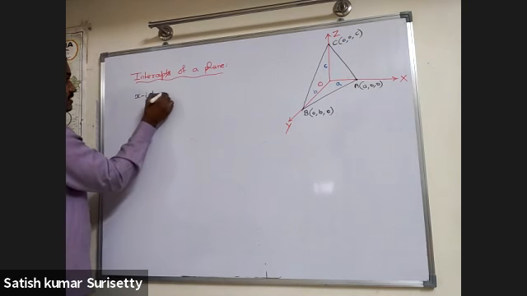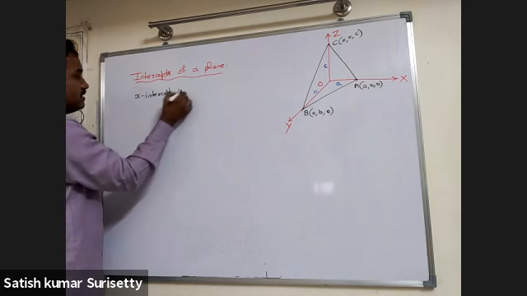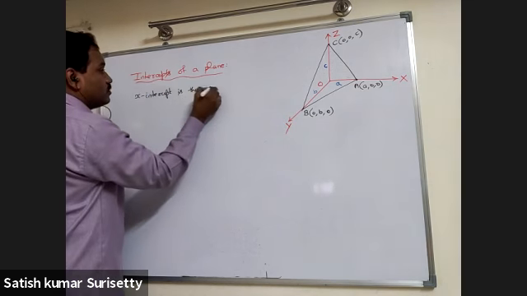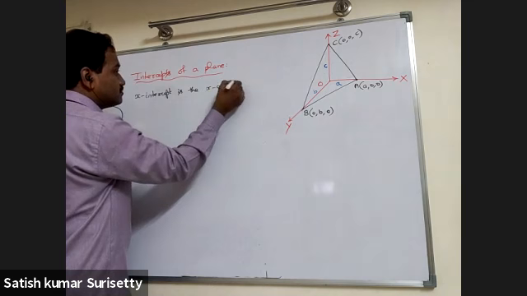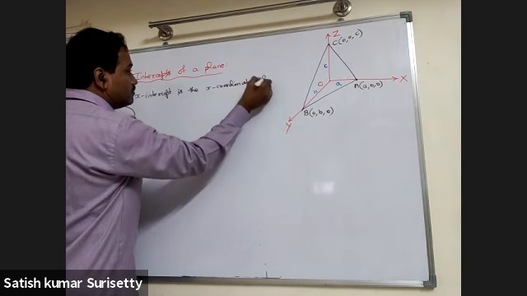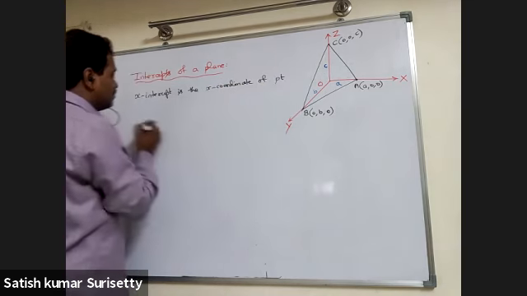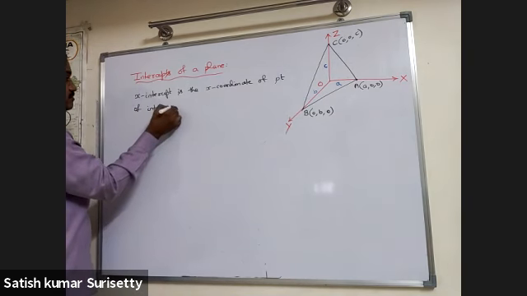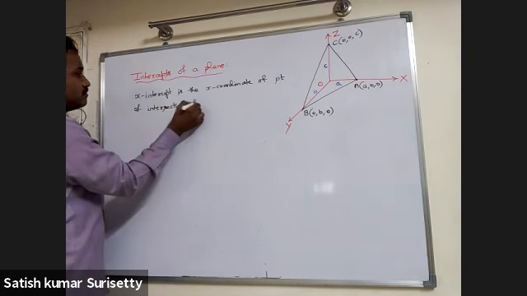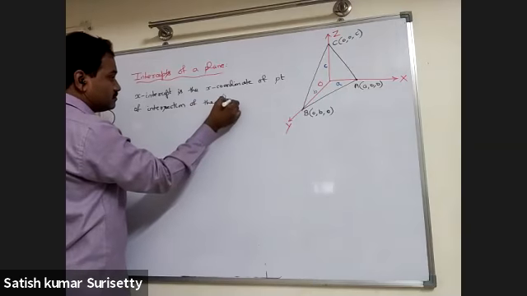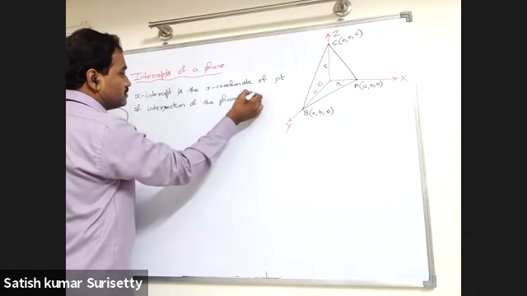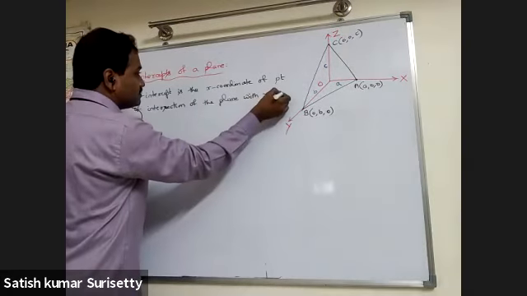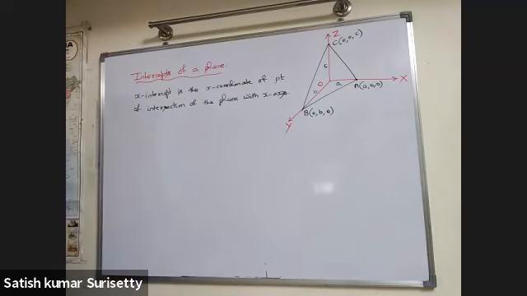So the x-intercept is the x-coordinate of the point of intersection of the plane with the x-axis.